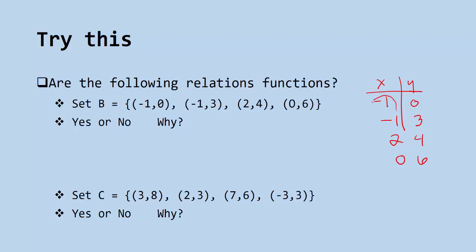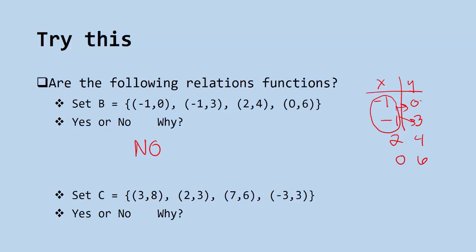So I can see here that I have the number -1 being mapped to two different y values. So this is not a function. Again, because I have a single x value, -1, that is being paired with two different y values. That makes it not a function.